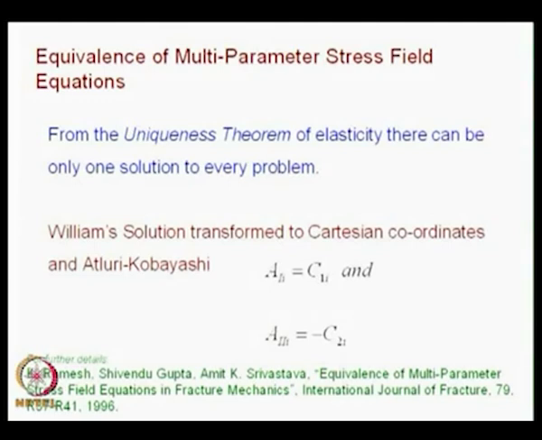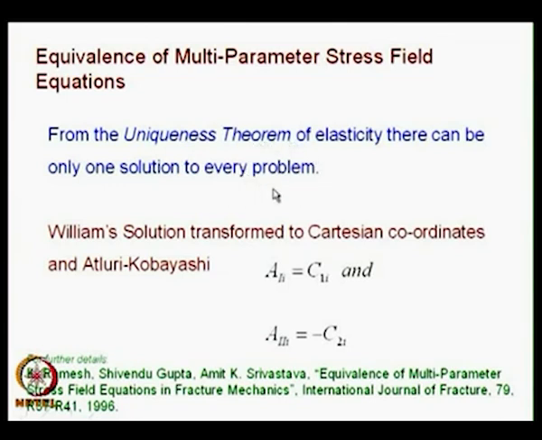We will also see that. So what you will have to keep in mind is, from the uniqueness theorem of elasticity, there can be only one solution to every problem. This you have to appreciate, and this is very important. And whatever we have got from Williams solution was in polar coordinates.